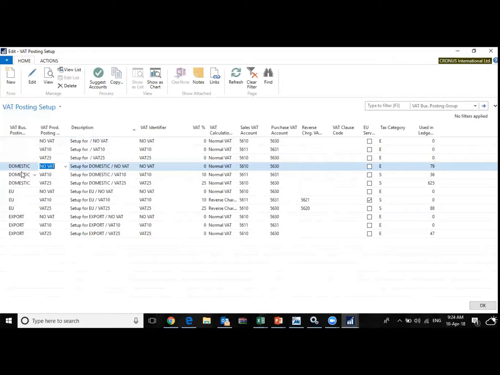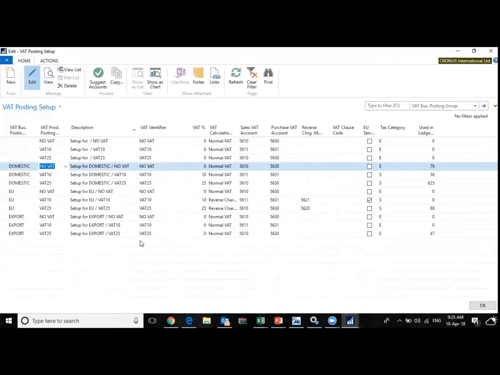So here you can see that this is where you are defining that if the transaction that is happening is domestic and the product that is being sold is a non-VAT item, then you will not calculate any VAT. So if you can see here, the VAT percentage is 0. So let's just open the card and you will see further.